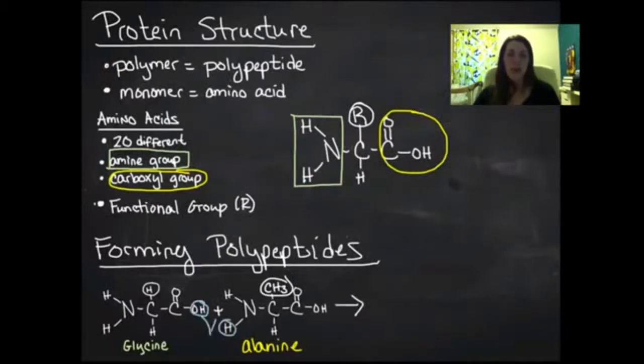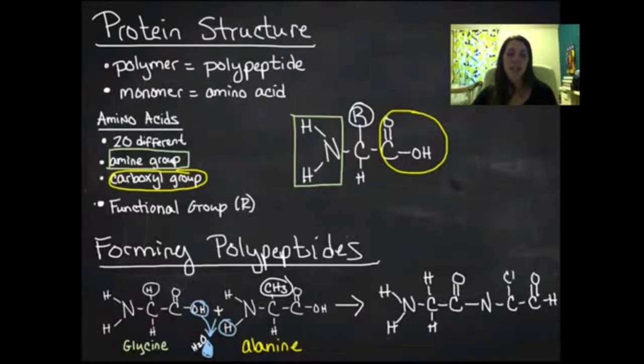Okay, so I'm going to take my glycine and my alanine, I'm going to remove a water, and then I'm going to take that extra carbon covalent bond, because carbon needs to form a covalent bond there, and it's going to actually bind to that nitrogen where I removed the hydrogen. And that is what I call a peptide linkage. That's the type of bond it is, right?